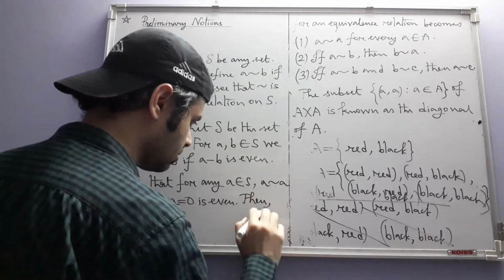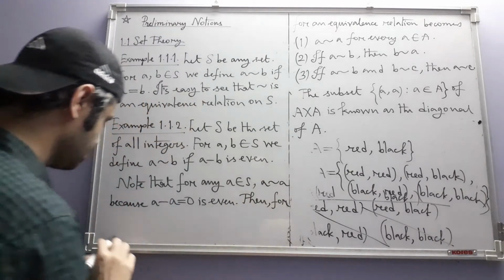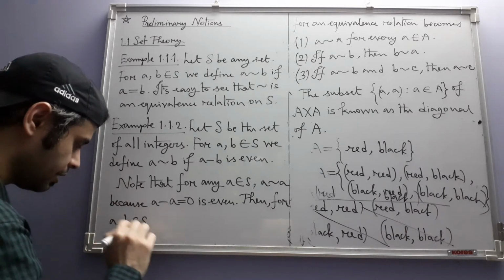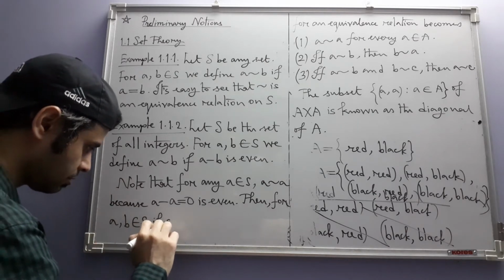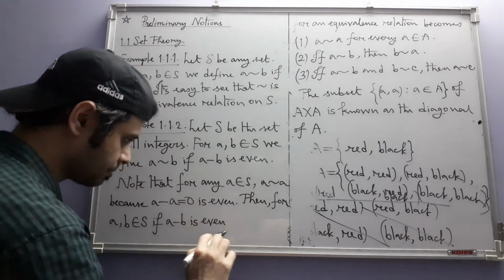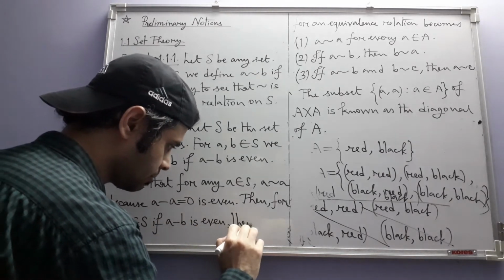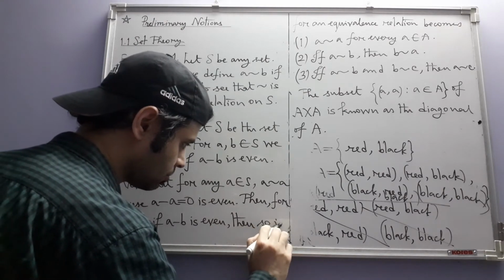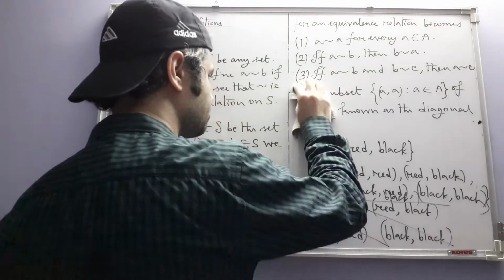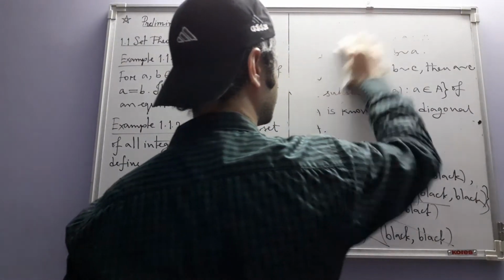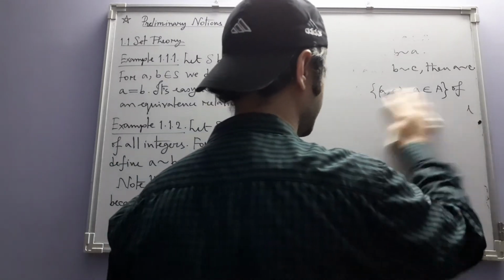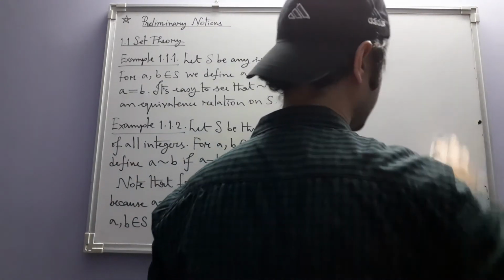Then for A and B belonging to S, if A minus B is even, then so is B minus A, because that is just the negative of A minus B. If A minus B say is 2, then B minus A is minus 2, so that is also even.